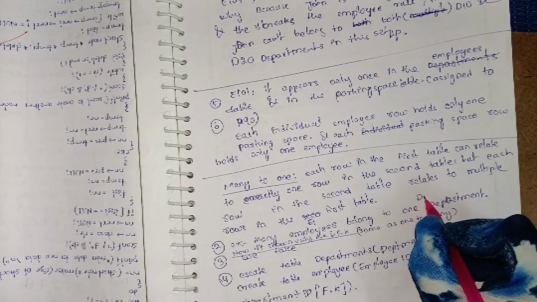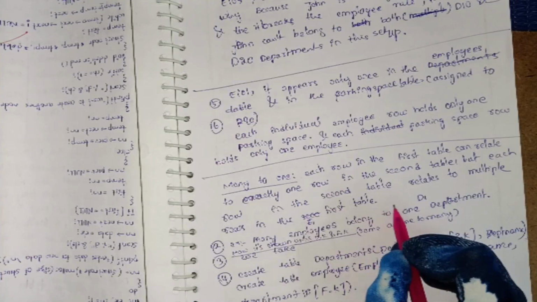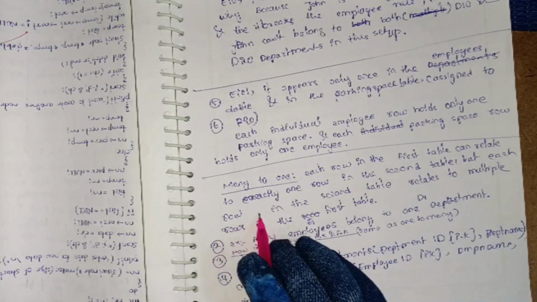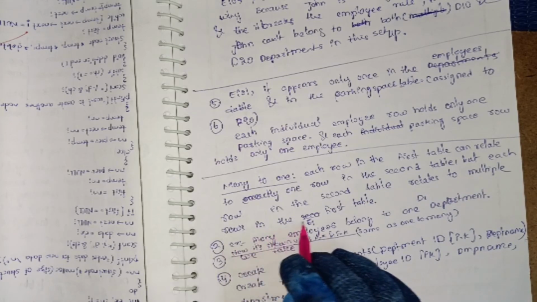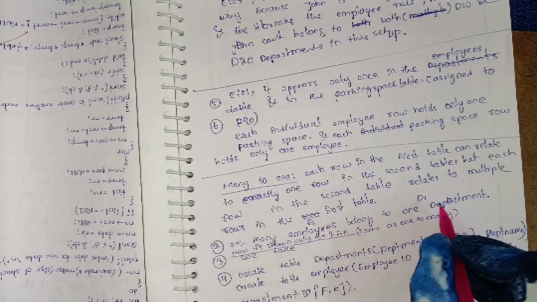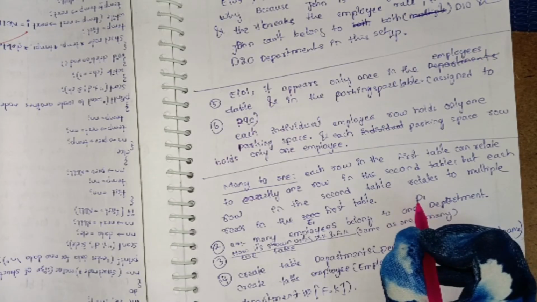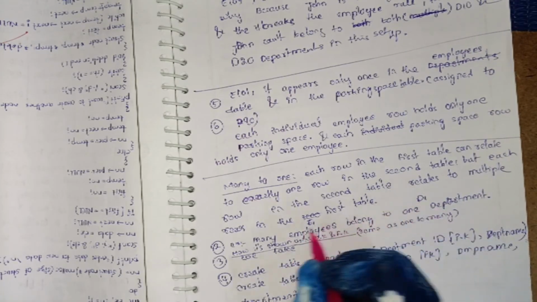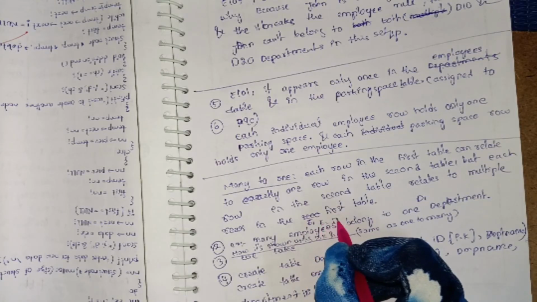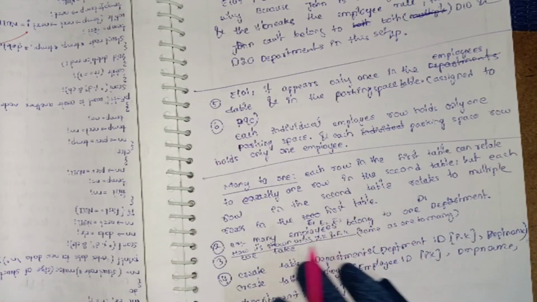So only assigned to D1 department only. But each row in the second table relates to multiple rows in the first table. So D1 can contain many employees. Department 1 contains many employees, E2, E3, like that. That's the meaning of these two statements.